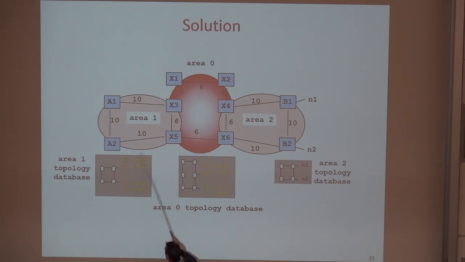So this will then be propagated to the entire area. So A1 will know this information, so its own cost to N1 and N2 will be computed using those values plus the internal cost here.